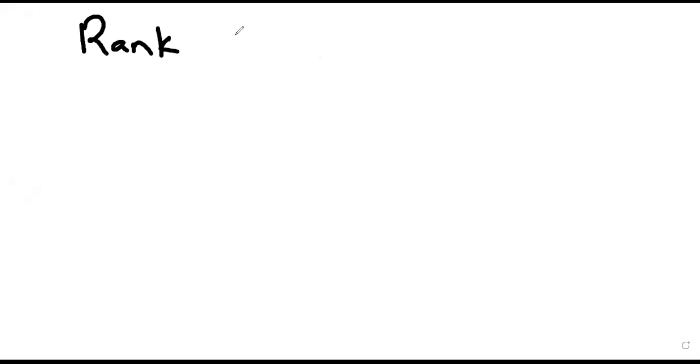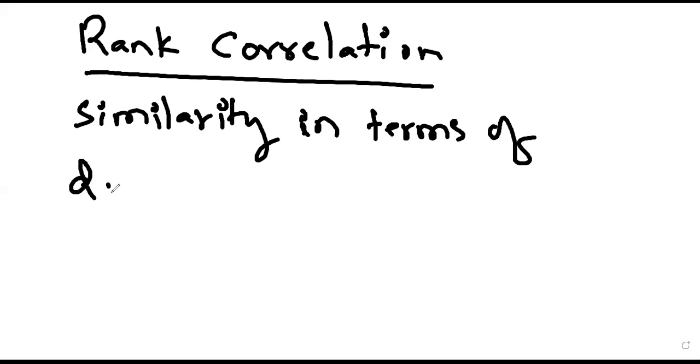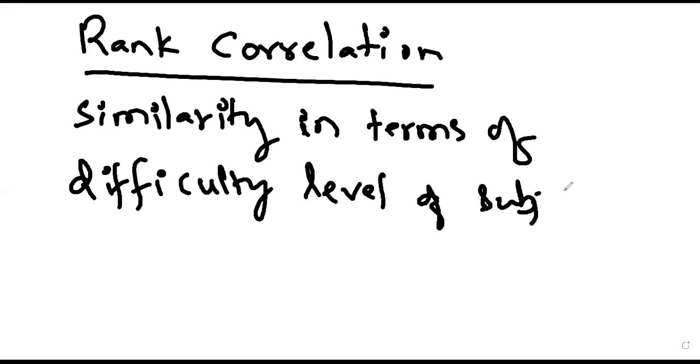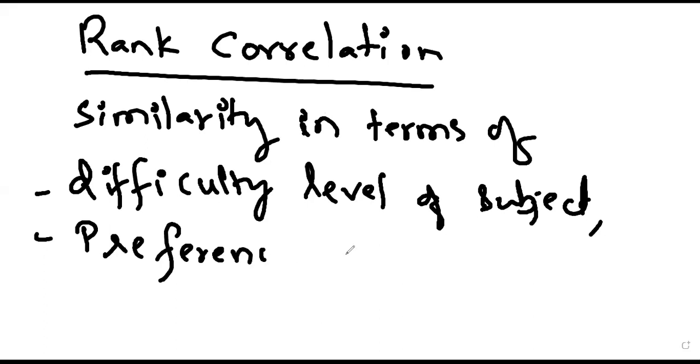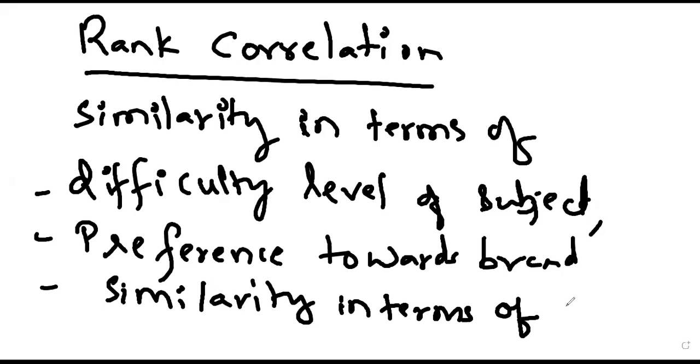The main use of rank correlation was to determine similarity in terms of the difficulty level of a subject, and similarity in terms of preferences towards a brand. We also solved one problem, the similarity in terms of judgment of two judges.